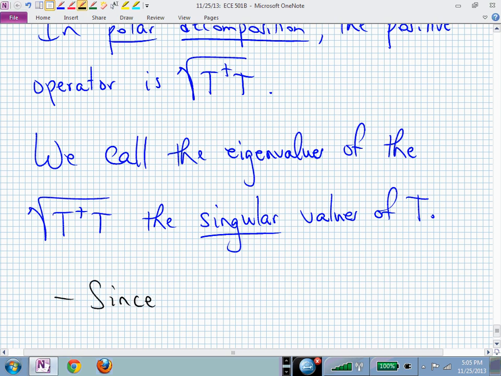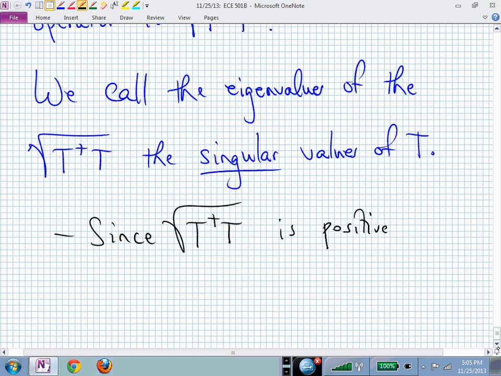Now we know something about the positive square root of t dagger t, about their eigenvalues. Since the positive square root of t dagger t is a positive operator, what do we know about the singular values of t? Or first off, what do we know about the eigenvalues of this positive operator? If I give you a positive operator, what do we know about the eigenvalues of that positive operator?